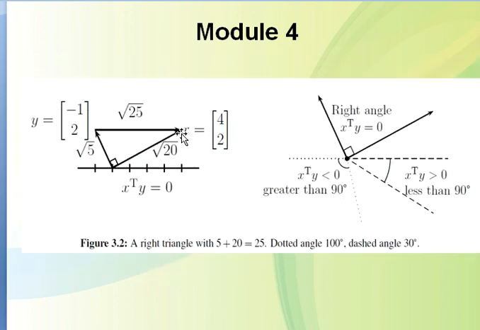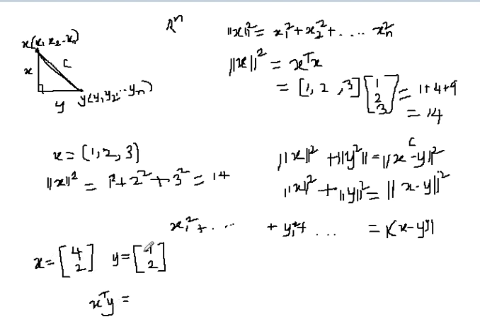Now for example, our x is (4, 2) and y is (minus 1, 2). When these values of x and y are given to us, let's check whether the condition x transpose y is 0. So how do we check this? x is (4, 2), y is (minus 1, 2). Now x is (4, 2), its transpose is (4 2), and it gets multiplied with y, that is minus 1 and 2.